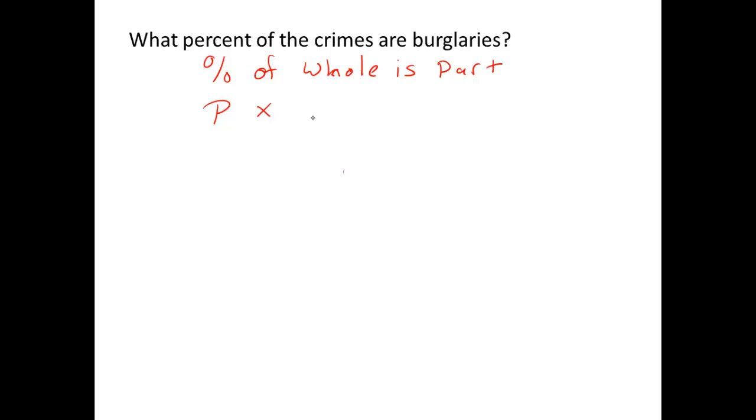The whole, or total crimes, is given as 37,917. Is will translate to an equal sign, and the part is our burglaries, which accounts for 7,573. We need to solve for p, so we will divide both sides by 37,917.